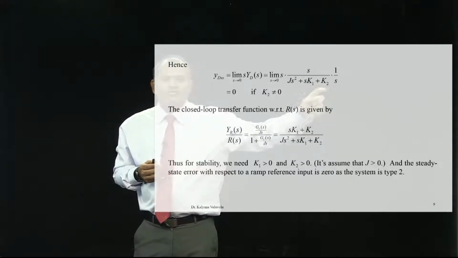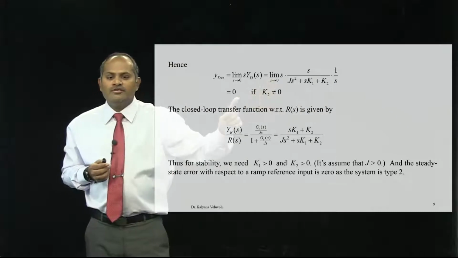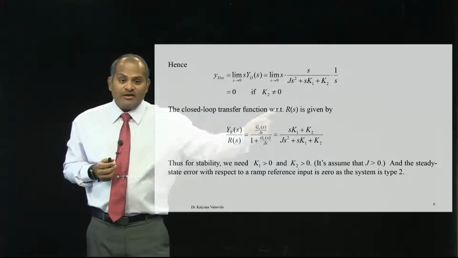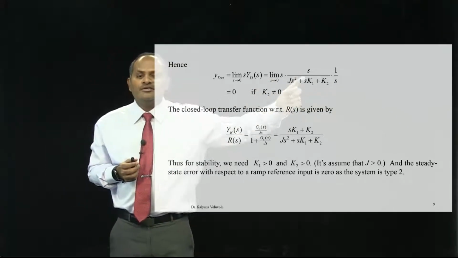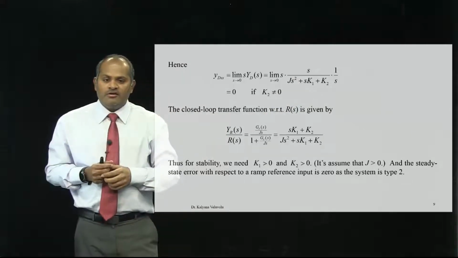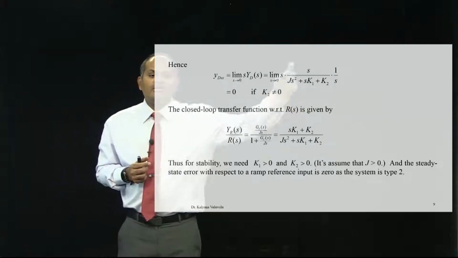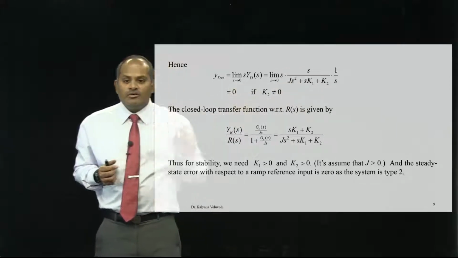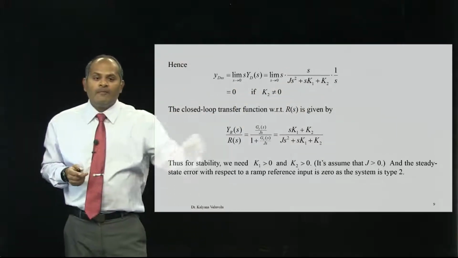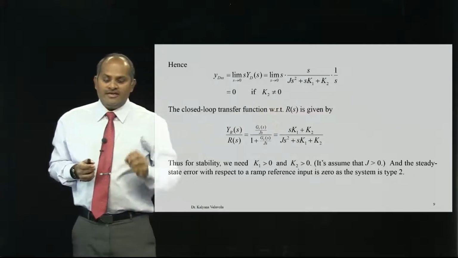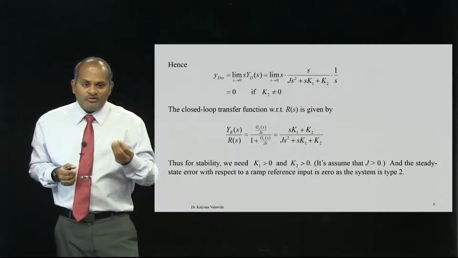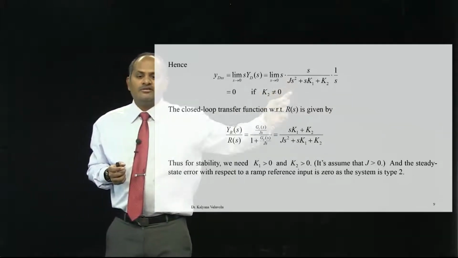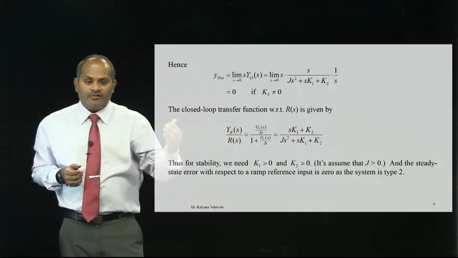If K2 is not equal to 0, the value will be 0. If K2 becomes 0, I get 0 by 0, not defined. So, this error can only be 0 if and only if K2 is not equal to 0. If K2 is equal to 0, I get 0 by 0, which is difficult to define.